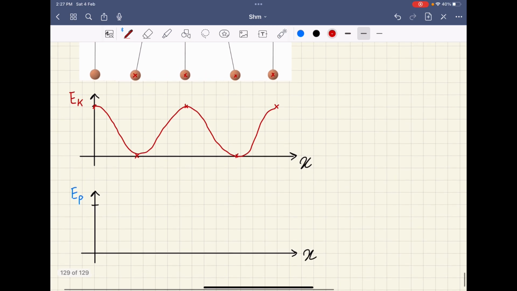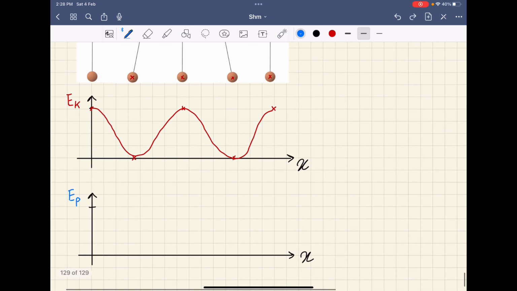Now, as for the potential energy, every time we have maximum potential, we will have minimum kinetic, yes. So at the maximum kinetic over here, we will have minimum potential, and at minimum kinetic here, we will have maximum potential.